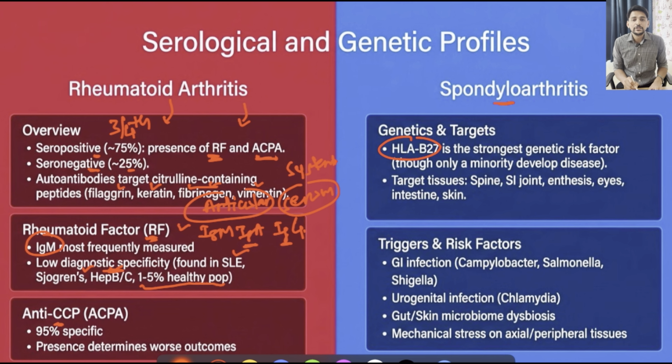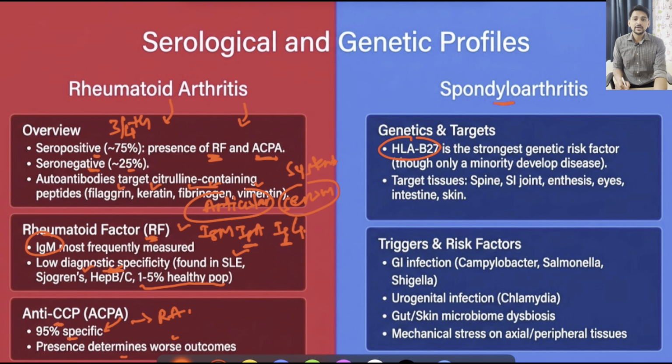Whereas the anti-cyclic citrullinated peptide antibodies, that is anti-CCP antibodies, have quite more specificity, about 95% specificity. So their presence, the majority of the time, indicates rheumatoid arthritis. And also this particular autoantibody determines the worst outcomes.